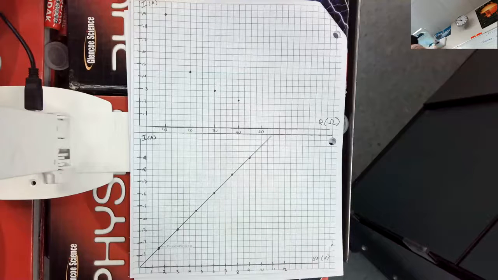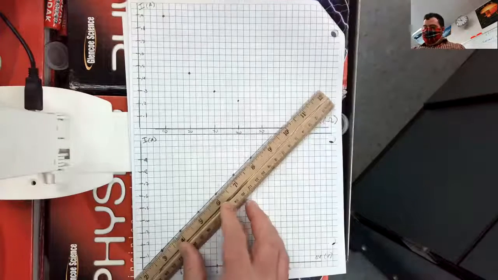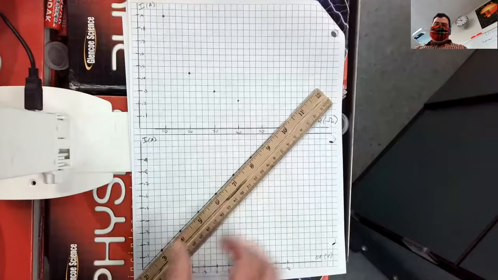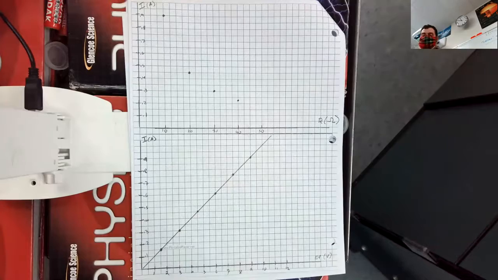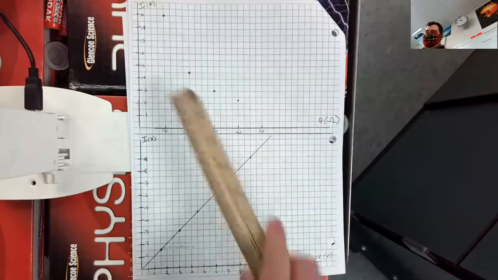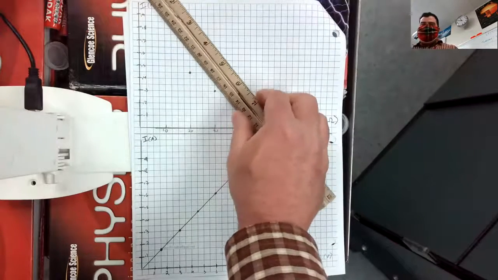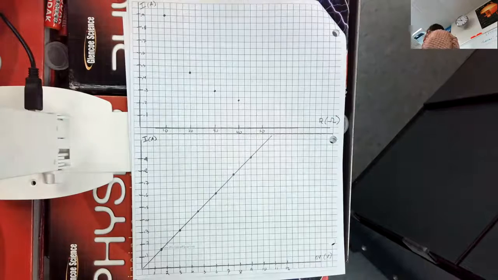I used a ruler. And honestly, since this is simulated data, not surprisingly, the points all fall right along a line. So go ahead and do that with your ruler. You can't do that for this one because this is not a linear graph. So don't ever make a best fit line if it's not linear. That's not something we can do by hand.